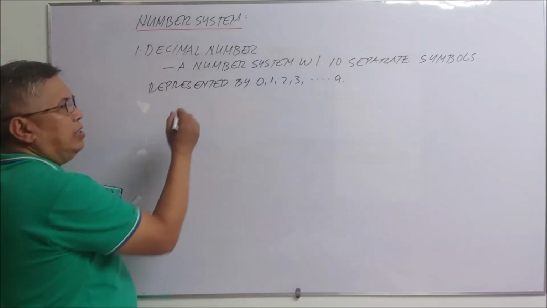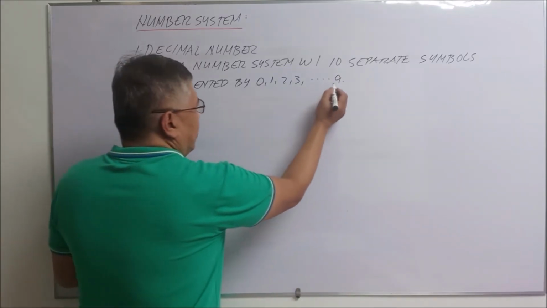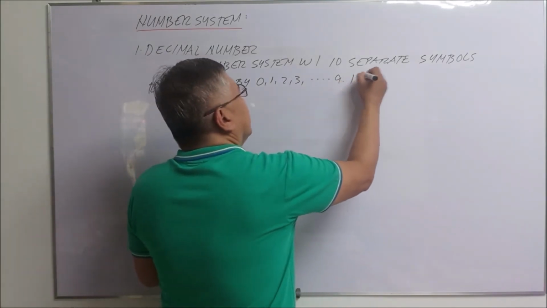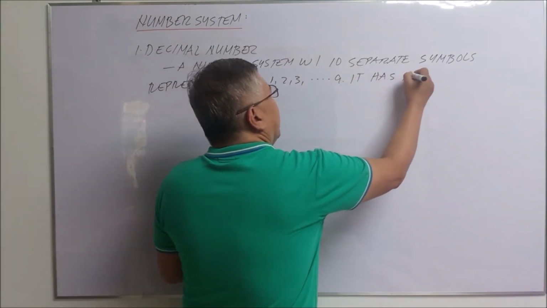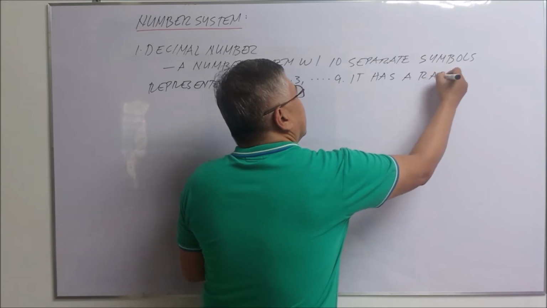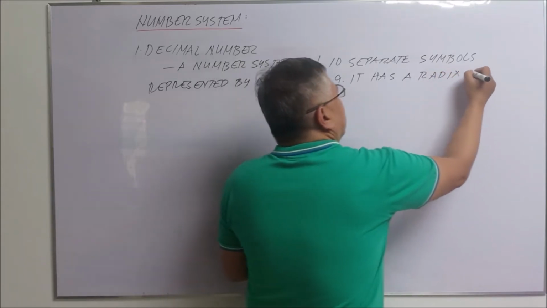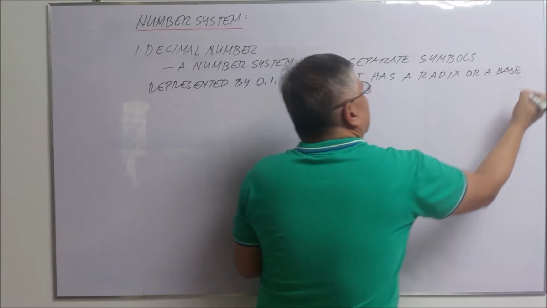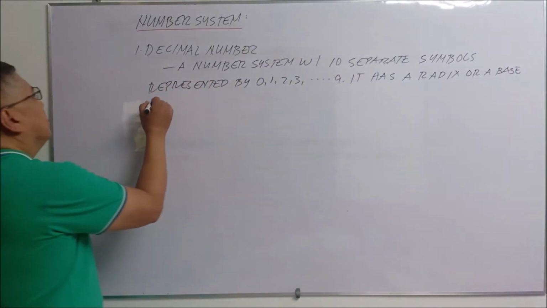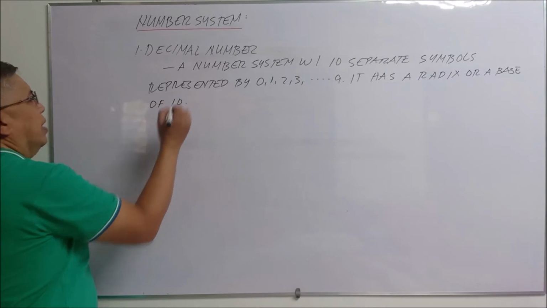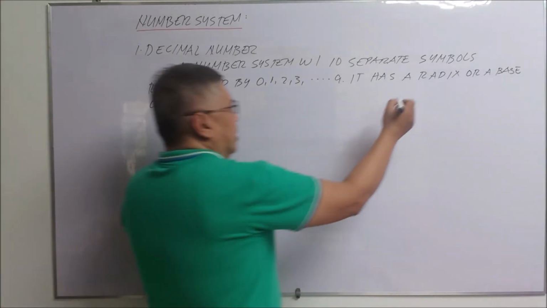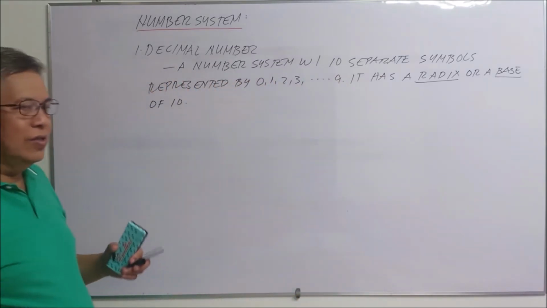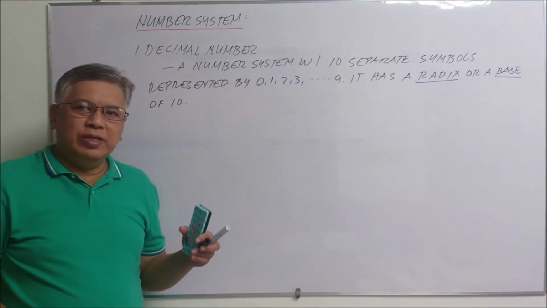So we have 10 separate symbols from 0 to 9. And it has a radix or a base of 10. Okay, so what do you mean by radix or base? The word radix or base will be discussed later.